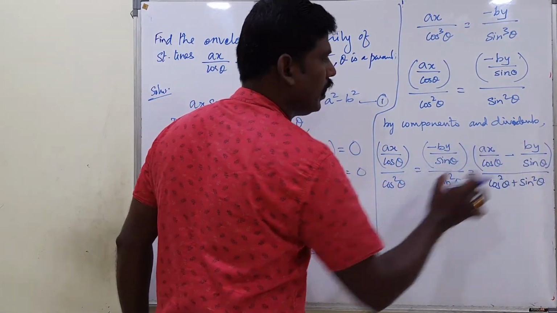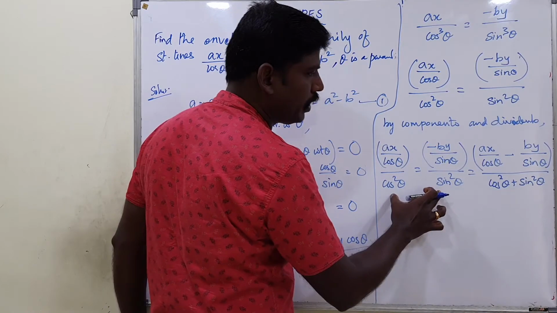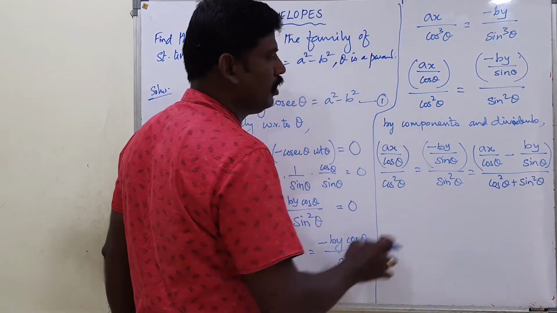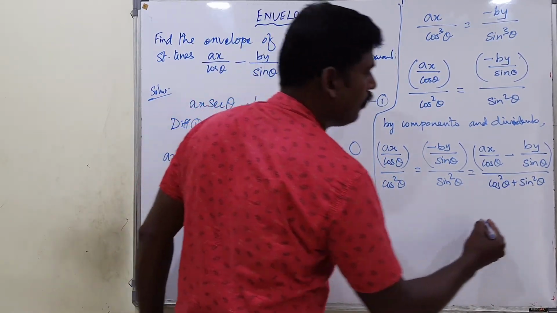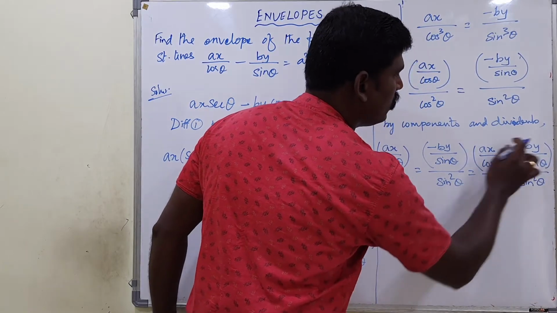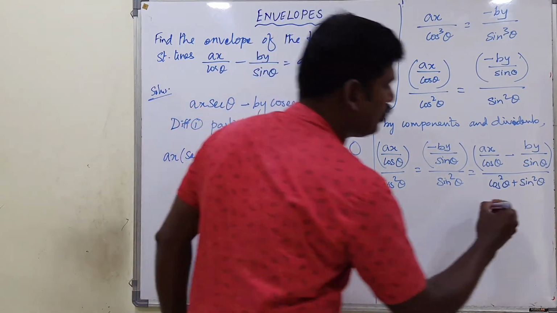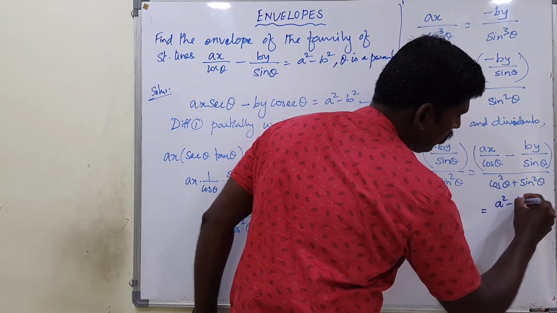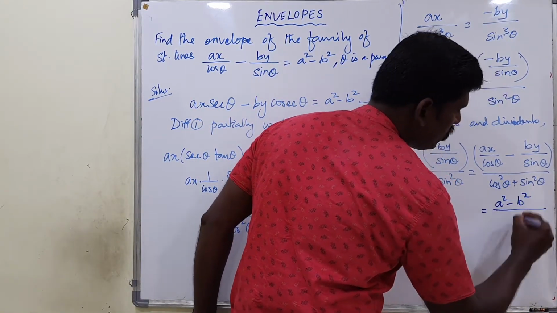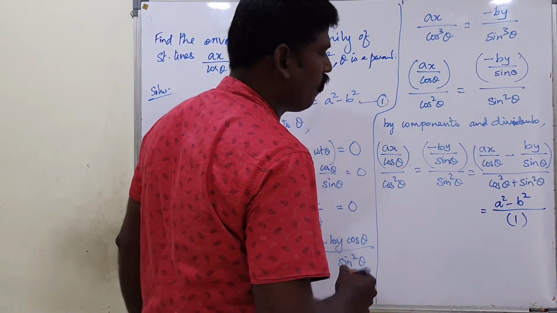Adding these two, I write it in the numerator and taking the sum of the denominators, I write it in the denominator. That's all. What is this value? Ax by cos theta minus by by sin theta is the value of a square minus b square. So I write a square minus b square by, what is in the denominator? That is the value of 1.